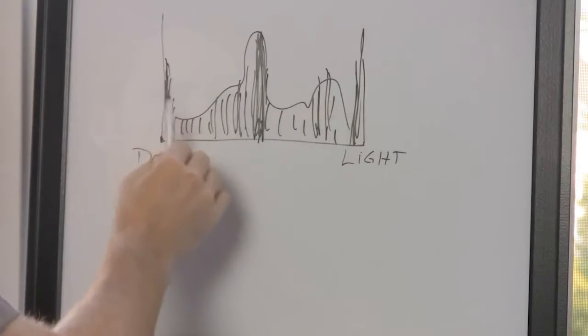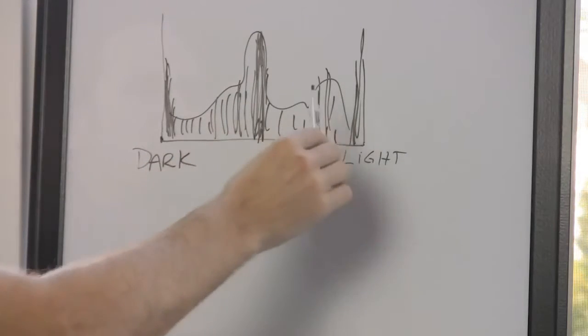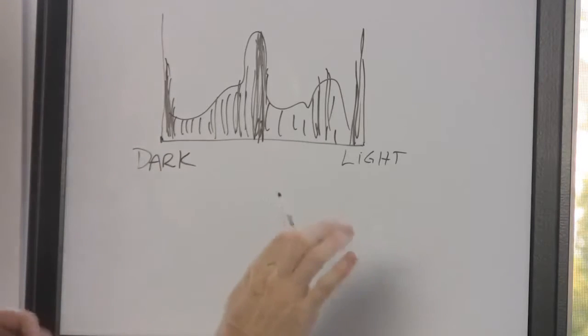But the basic histogram is showing you dark to light levels, regardless of the actual color of those pixels.